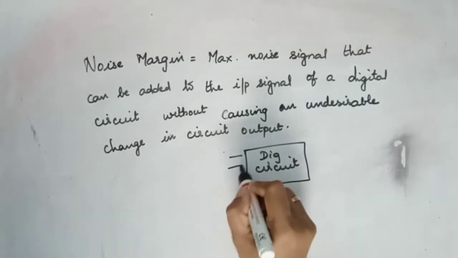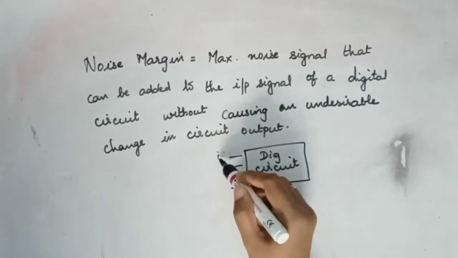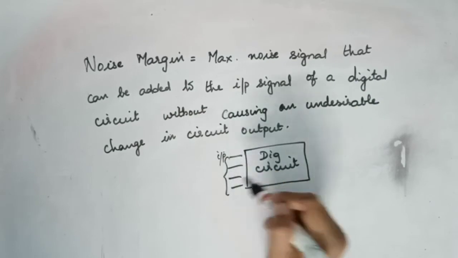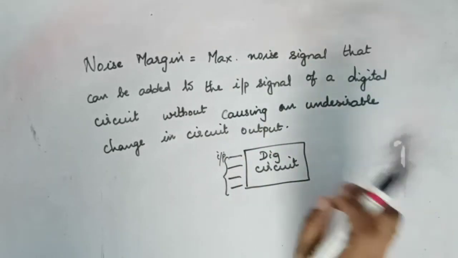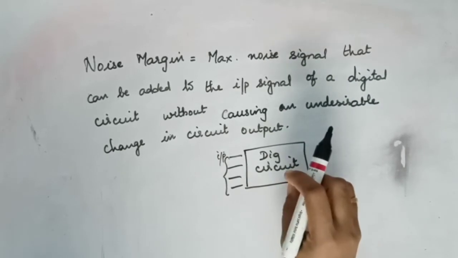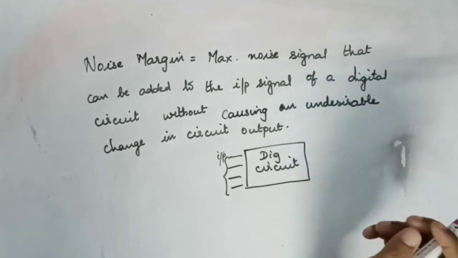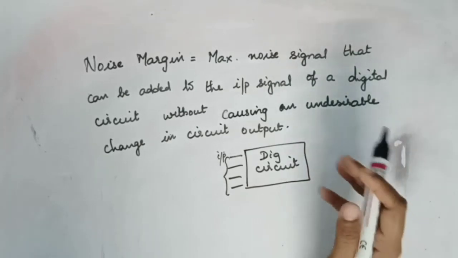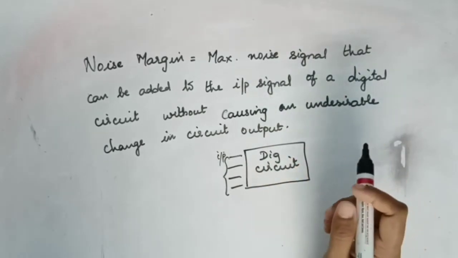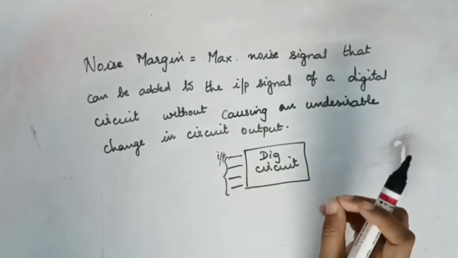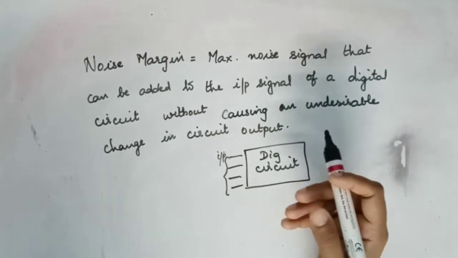You have inputs, and to these inputs some noise comes in. We know that in a digital circuit the voltage is very low. That is, 1 volt is, like we assumed, greater than 3 volt or something. So it's as small as that. So it's very easy for the noise to come in.